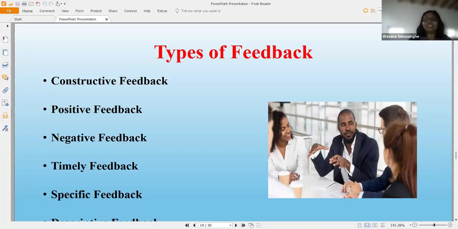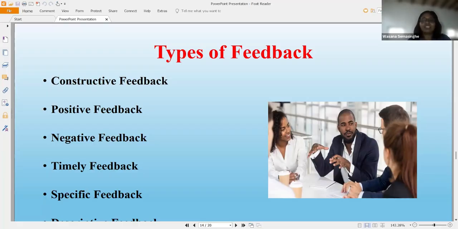That helps students to improve and it gives them suggestions on how to do better. Positive feedback recognizes good performance and encourages students to continue their efforts.